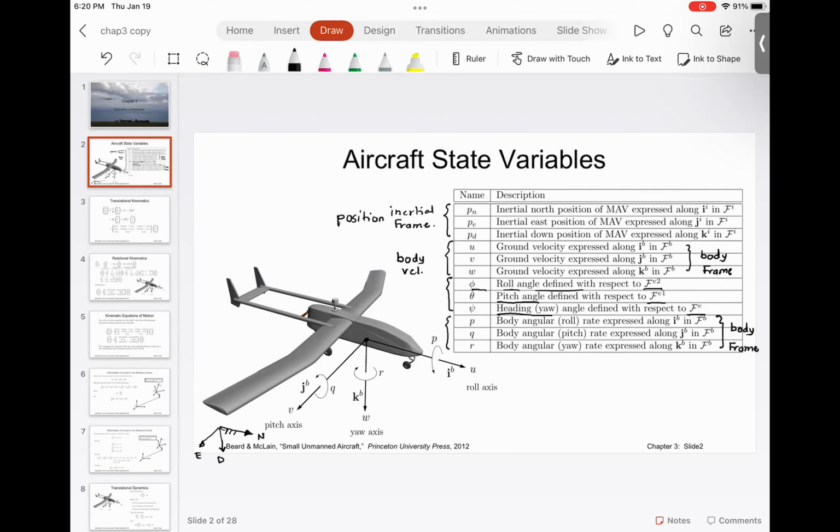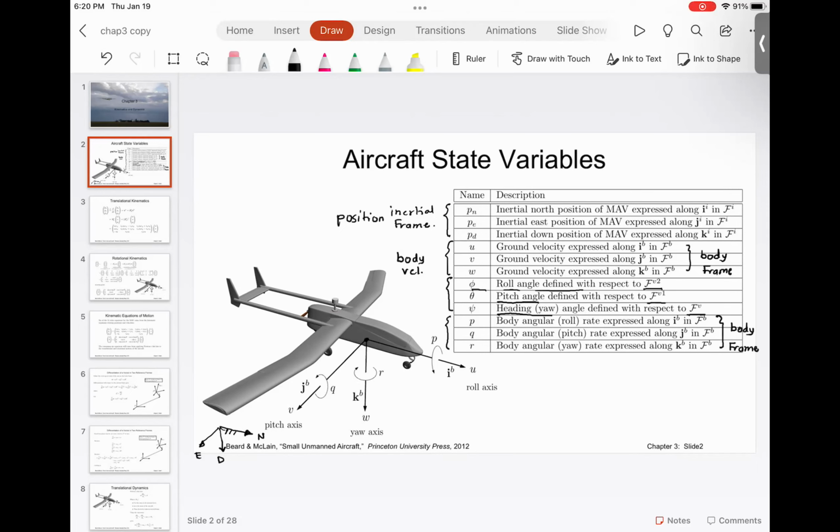So the angular velocity or the translational velocities that are measured by this inertial measurement unit by integrating the angular velocities or integrating the accelerations is in the body frame. So which means if you have a sensor which is strapped onto this aircraft, it is going to give you the sensor measurement U, V, W, and P, Q, and R.